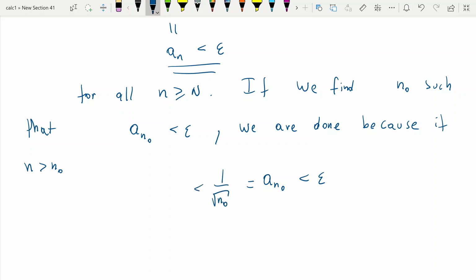But since the function is decreasing, this is going to be greater than 1 over the square root of n, which happens to be a sub n.